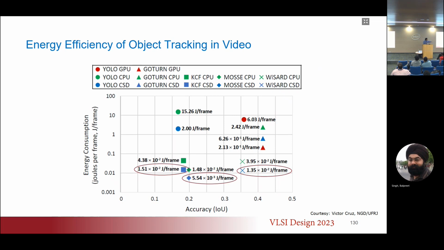In this particular case, when they do this kind of object tracking in the video by processing within the SSD, without transferring the data, they find that for these applications they always get the lowest energy level compared to moving it to the CPU or the GPU.